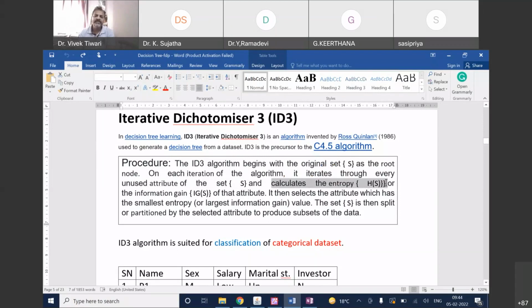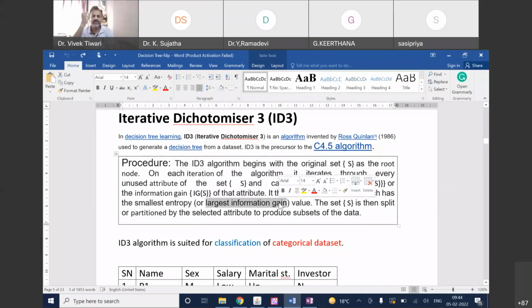Then calculate the entropy, because the original ID3, the first basic ID3 algorithm, was based on entropy. It calculates the entropy or information gain of the attributes. It then selects the attribute which has the smallest entropy or the largest information gain.